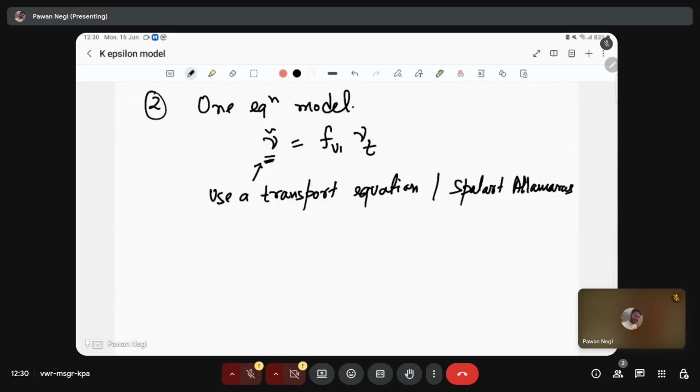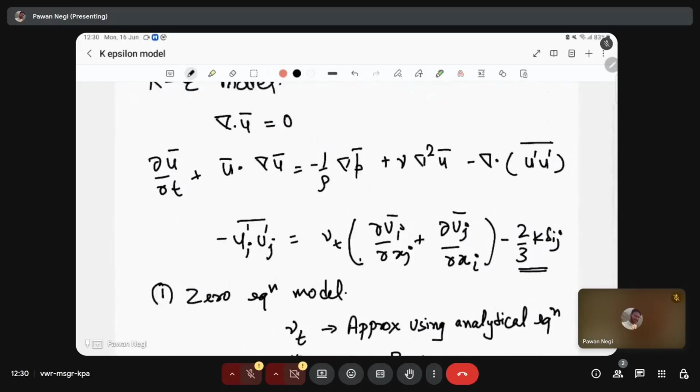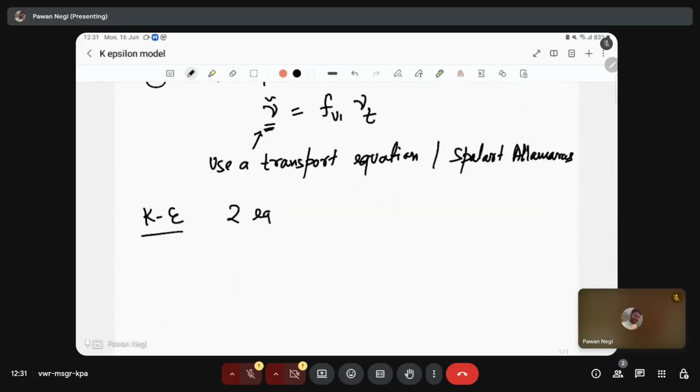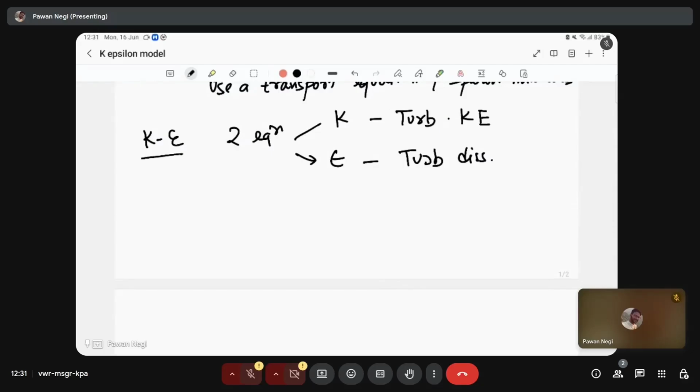In the k-epsilon model, which is a two equation model, we have two equations, one for k and another for epsilon. K is the turbulent kinetic energy and epsilon is the turbulent dissipation. We can compute the turbulent viscosity using the formula nu t is equal to c nu times k squared by epsilon, where c nu is a constant which is always set to 0.09.